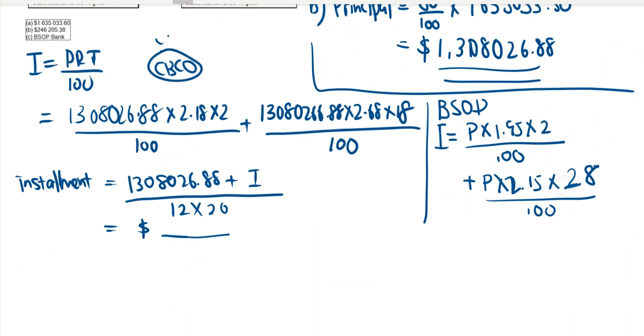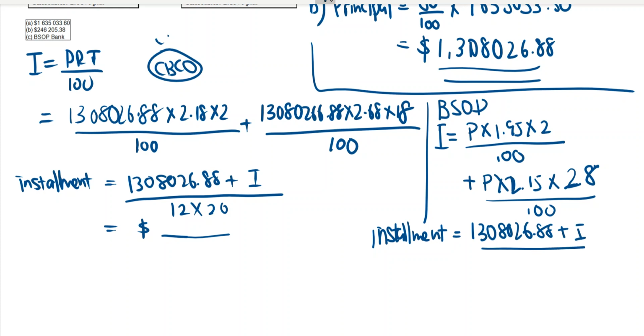And again the installment will be equal to your principal, 1308026.88, plus the interest that you calculated above, over 12 months times 30, because you borrow it for 30 years, and then you get a second amount.